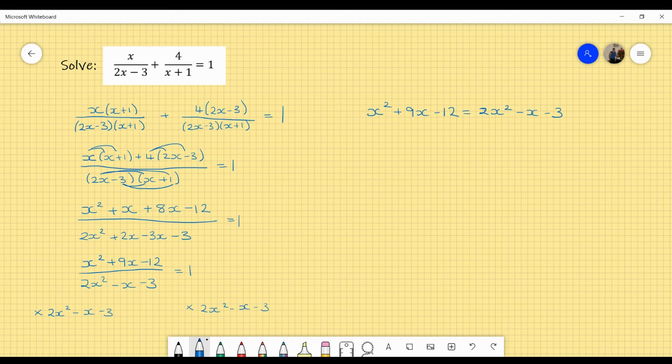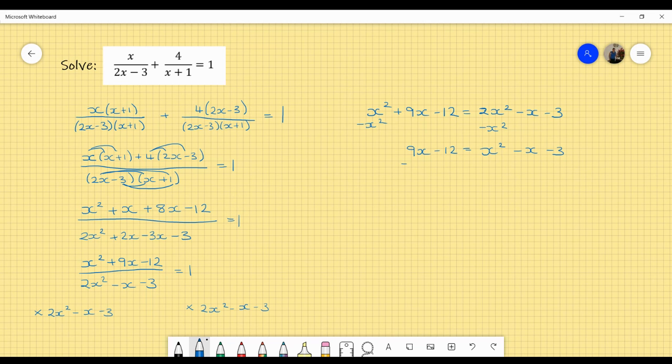So I want to make one side equal to 0 so that I can solve it. The best side at this point to make 0 is this one, so I won't have any negative x squareds to deal with. So I'm going to take away x squared from both sides. It's going to give me 9x minus 12 equals x squared minus x minus 3.